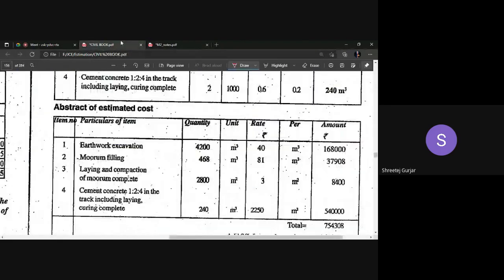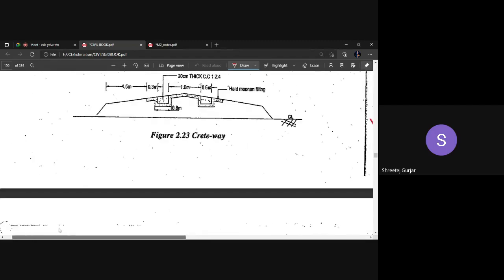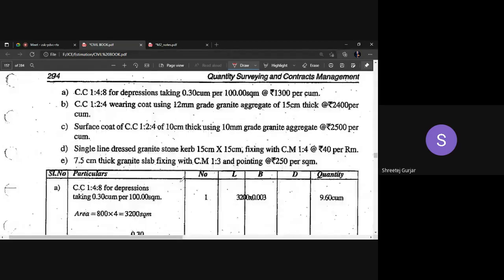Okay, moving on to the next, we'll try to solve 1 or 2 more and then we'll finish up. This fifth one, we will not look into, because there is no cross section provided and many details are missing. From the given statement, we have to prepare our quantity calculation and table, but while preparing the table we observed that many things are missing.